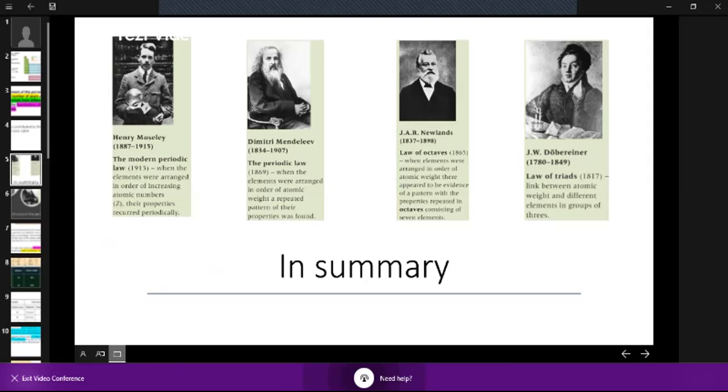Then we have the periodic law, which was brought in 1869. And then we have the modern periodic law, which came into effect in 1913, just recent. This was brought out by Moseley. Those are the 4 key scientists I want to talk about. It doesn't mean that these are the only ones who have contributed, but these are the key scientists I want to talk about.